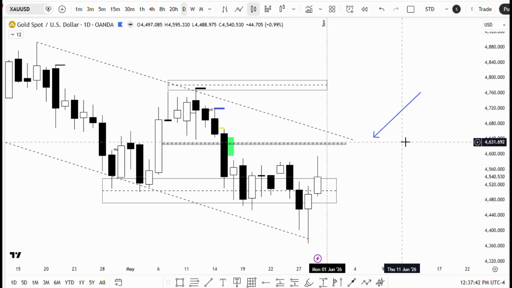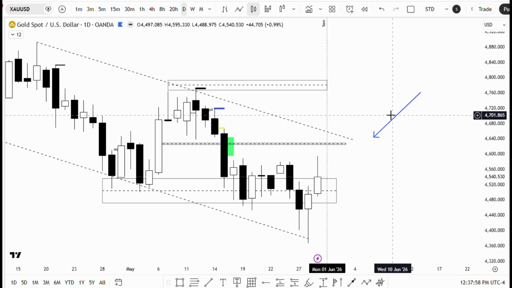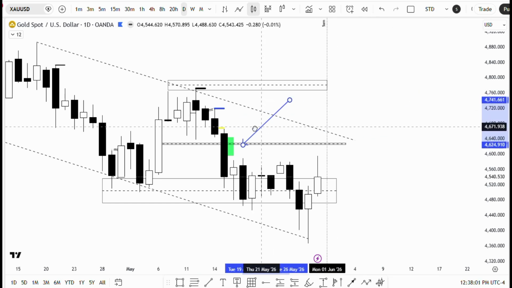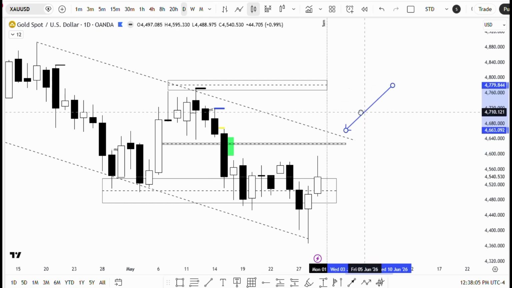So price will either interact with it, you could just tap it, touch it, scrape it, sweep it, whatever. It also, as you can see, overlaps with that descending trend line going down. So I have high expectations for that zone. As you can see, there's also a fair value gap to the left of it as well. So there's a lot of things happening there.